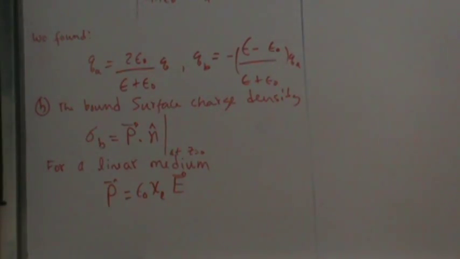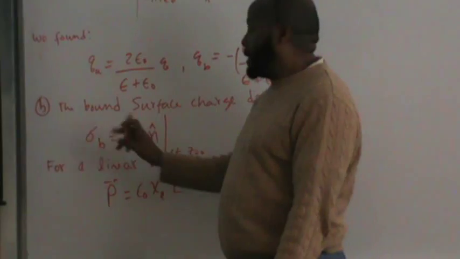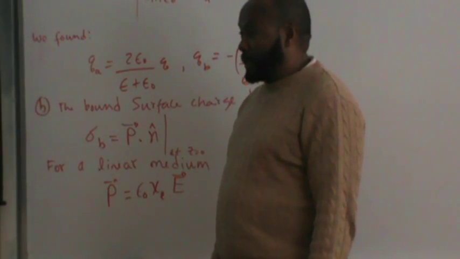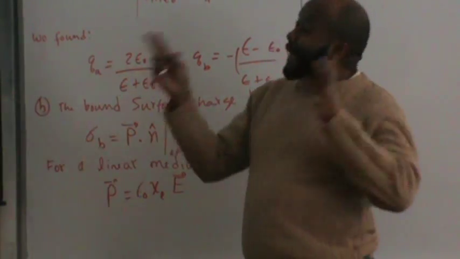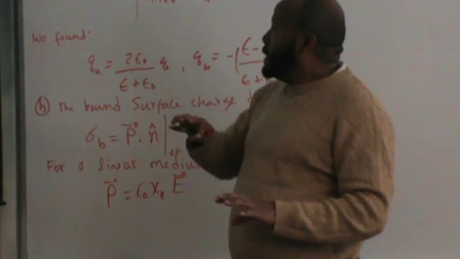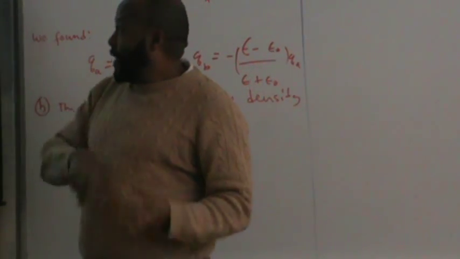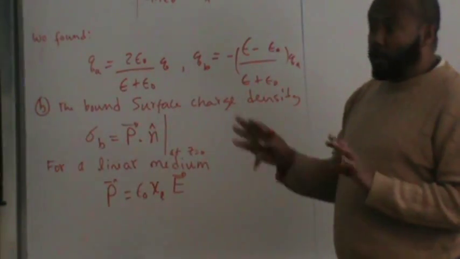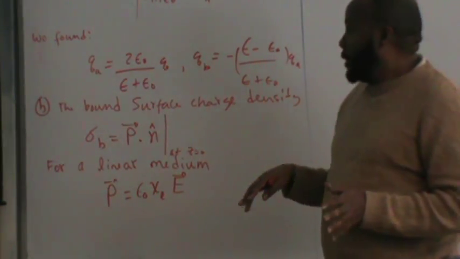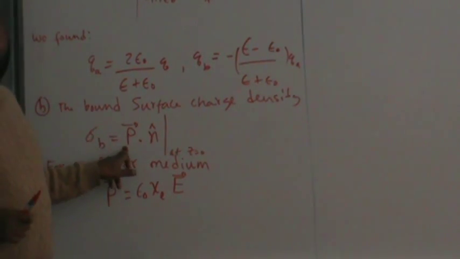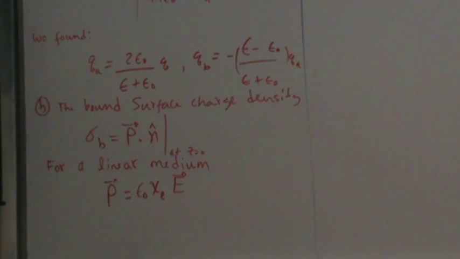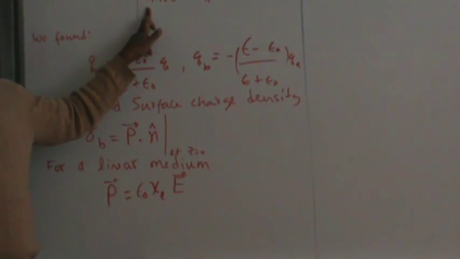So if I know the electric field somehow, then it's easy to find the surface bound charge density. You can find the electric field using the electric potential in the polarizable media and evaluate that electric field on the surface. That's one way to do it. Because the polarization is inside the polarizable media, if you determine the electric field inside here, using the electric potential, this one, all right?